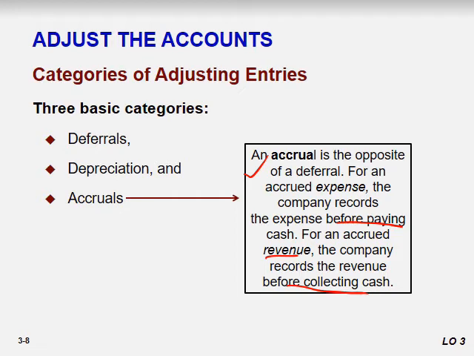For example, salaries. The workers have worked for you for a whole month and you did not pay the salaries. That is called accrued expense. Accrued revenue means you deliver the goods and you are expecting the payments in the near future, or customers did not pay yet the amount of the revenue. We call this accrued revenue.